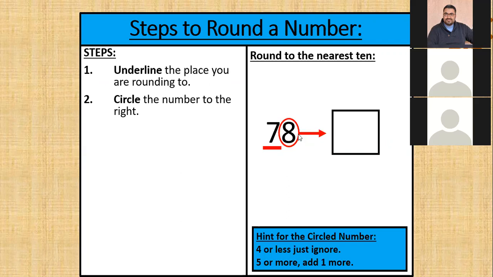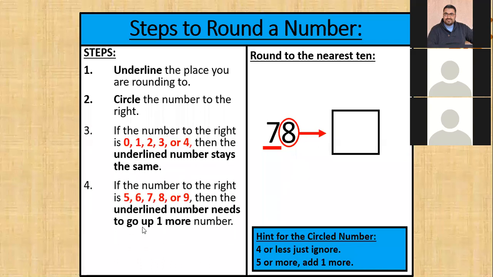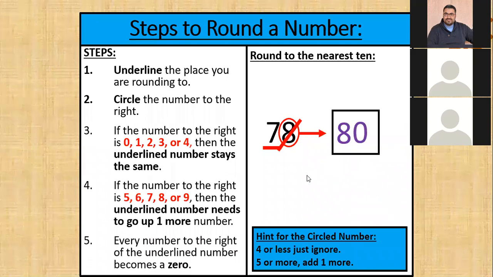Is 8 a rich number or a poor number? 8 is a rich number. So what we are going to do here, we want to add 1 to 7. So 7 will be 8. And the last step tells us to cancel 8. We will cancel 8 and put 0. All the time we will cancel this number here and put 0.